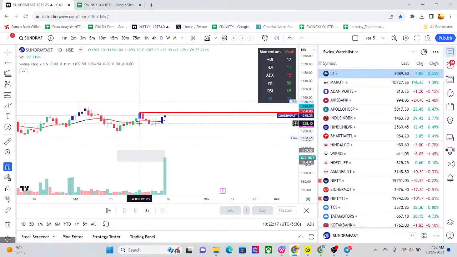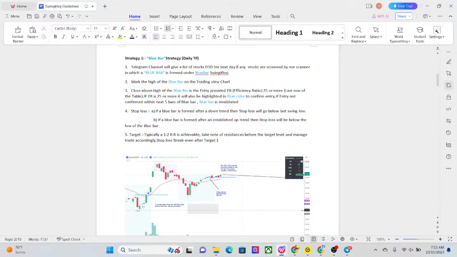Okay, but for that there are some rules, conditions. So mark the high of the blue bar on the TradingView chart. Close above the high of the blue bar is the entry, provided that the ER, efficiency ratio, is 25 or more.